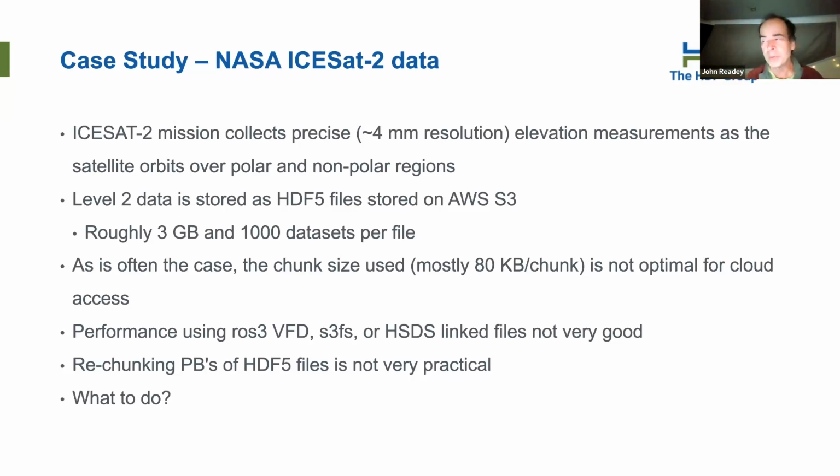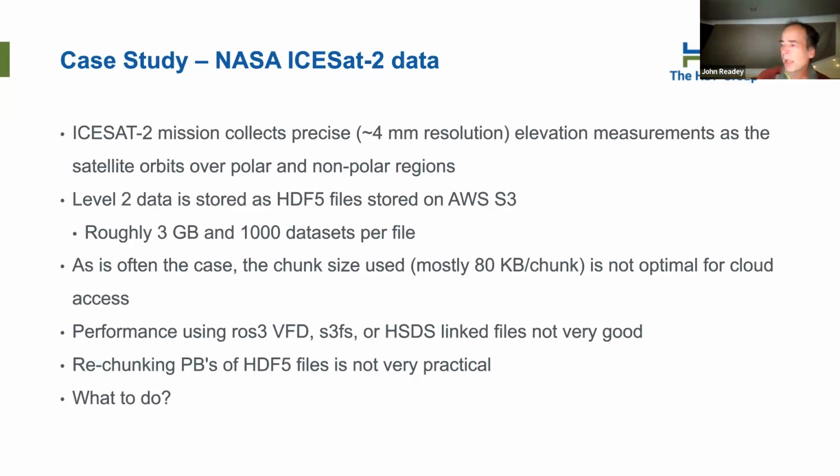Well, if you have petabytes of files, it may not be practical to have the storage and computational load to do all that reorganizing. So this is an argument for just using what you have and making the best of it. We're going to look at some ways we can get around the small chunk size in these files using HSDS.